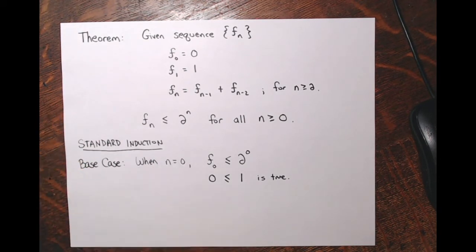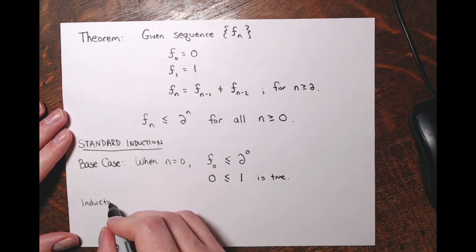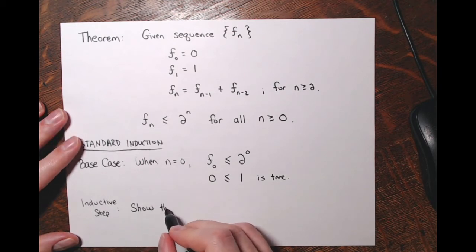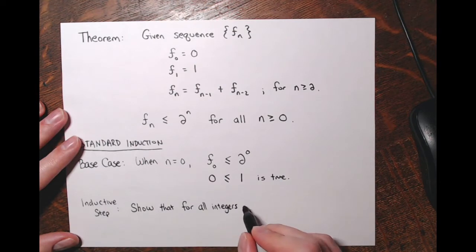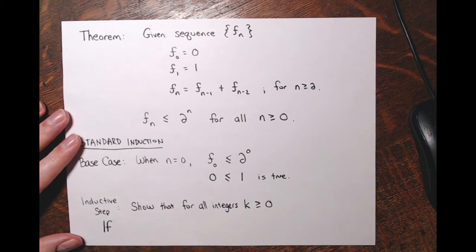And then with standard induction, what we've seen in the previous couple sections, we had our inductive step, where you were trying to show that for all integers k greater than or equal to the base case value of 0, the following: if the statement is true when n equals k, so if f sub k is less than or equal to 2 to the k, then we must show that the statement will be true when n equals k plus 1.